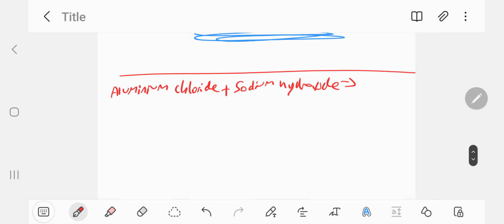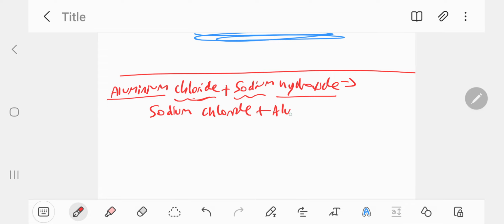What does this make? Well, this is a precipitation reaction, so we've got aluminium going now with hydroxide and the sodium with the chloride. So you have sodium chloride plus aluminium hydroxide. Now, to work out what's the precipitate, let's put aqueous here, aqueous here.